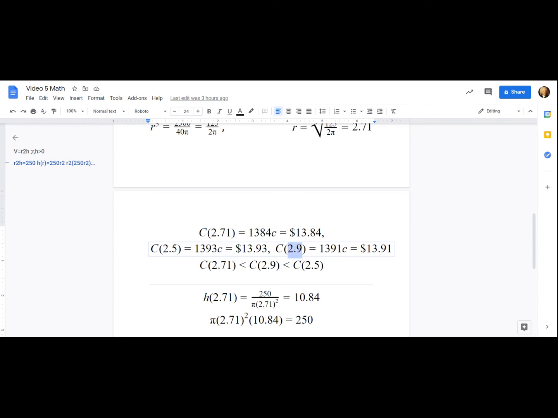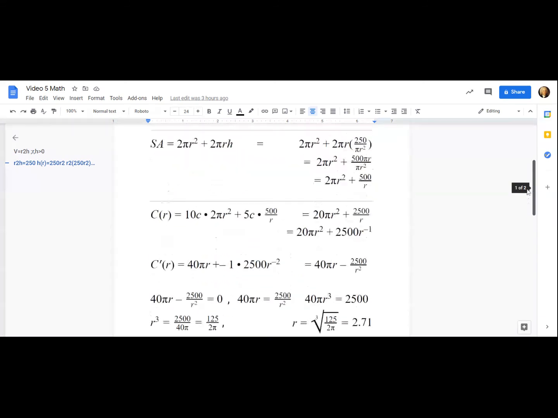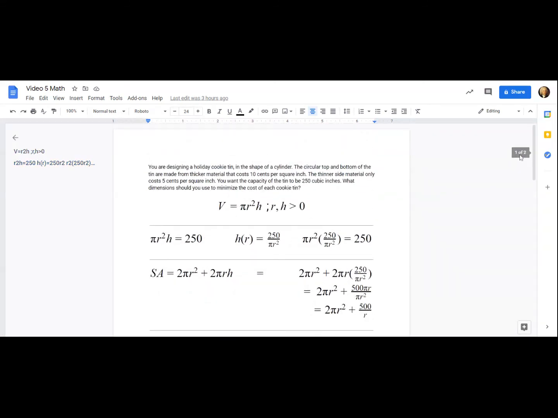These r values are different than 2.71, which is in between them, and yet they are more expensive than the cost of 2.71. So we can conclude that C of 2.71 is less than C of 2.9, which is less than C of 2.5. So that concludes the minimal cost of each cookie tin.